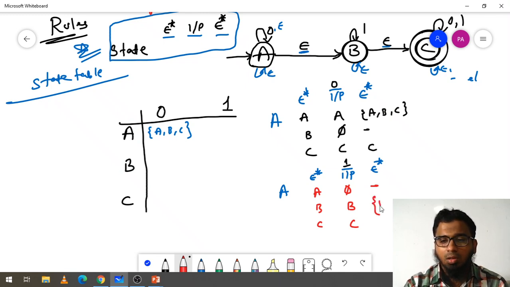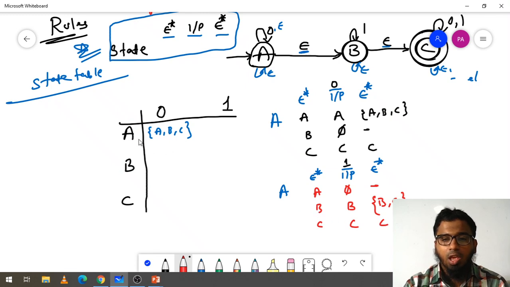B comma C, because B is going on epsilon to itself and B on epsilon is going to C. So the answer is B comma C. And what is the C epsilon closure? It is itself, C only.